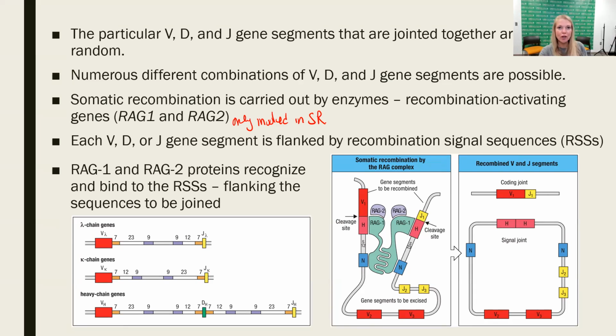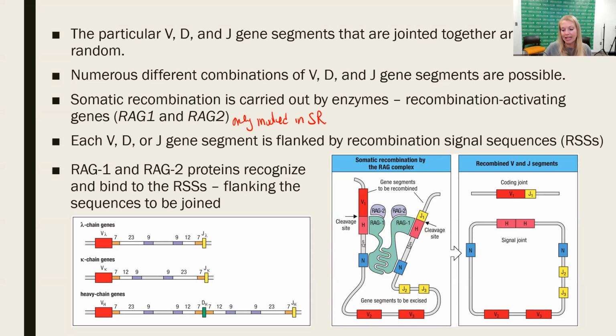Now, each of those V and D and J segments in the variable region are going to be flanked by sequences that the RAG enzymes recognize. We call these recombination signal sequences, or RSSs. RAG 1 and 2 proteins are the enzymes that will recognize those sequences and know where to bind.